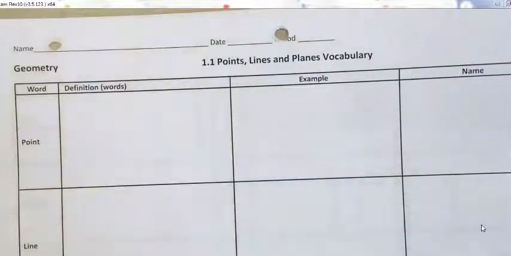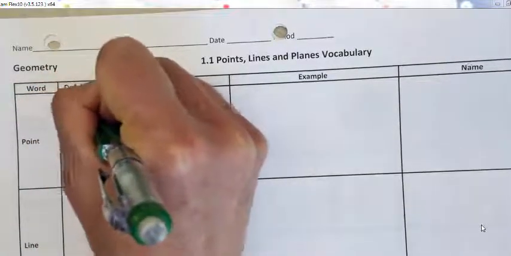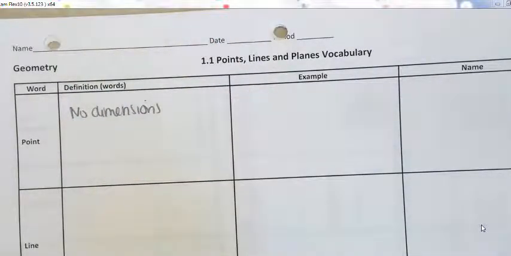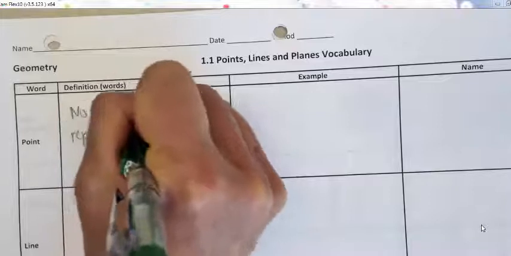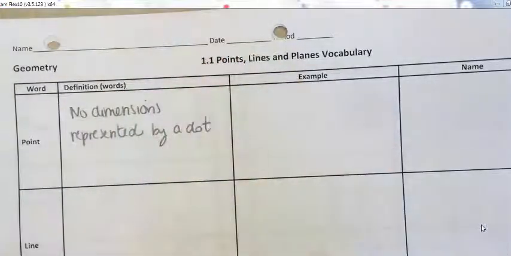So a point has no dimensions, meaning there's no length or width or height. And like I said, it's represented by a dot, like the point of your pencil.